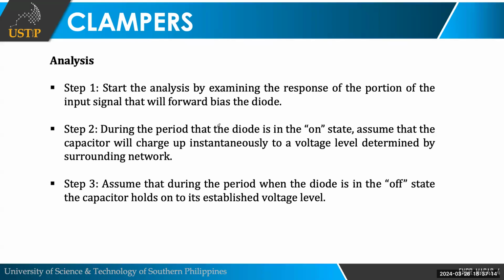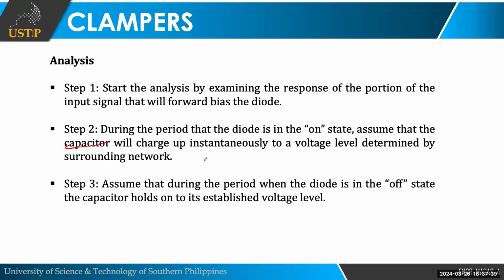So now, example lang. Example, ma-forward bias imong diode during the positive cycle. So, dito ta mag-start, and then what are we gonna do next? Is that we assume the capacitor class will charge up instantaneously to a voltage level determined by the surrounding network. Meaning, atong i-maximum ang atong input during this portion of the input signal, say positive cycle. Okay?